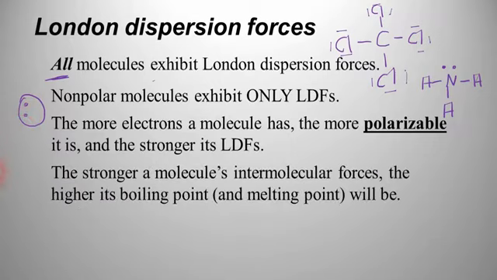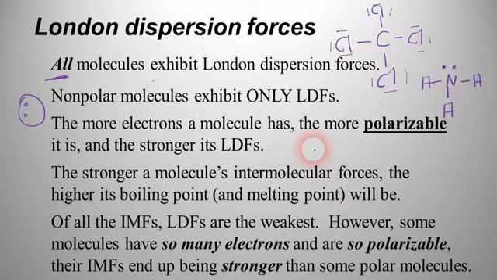Now, normally speaking, the stronger a molecule's intermolecular forces are, the higher its boiling point and also its melting point are going to be. In the case of neon, it has more electrons than helium, so it's got a higher boiling point than helium would.